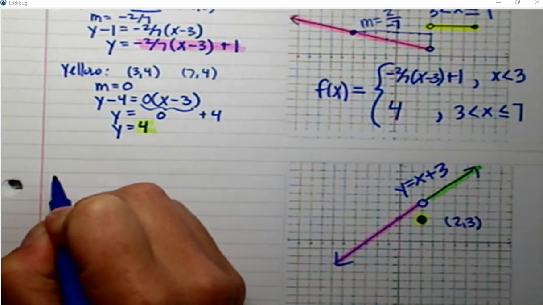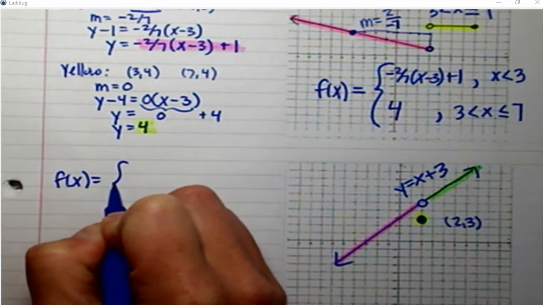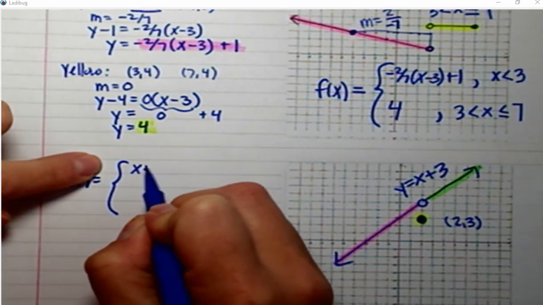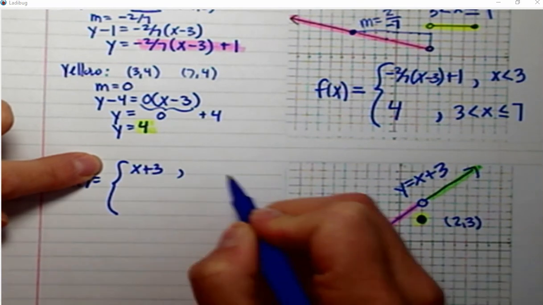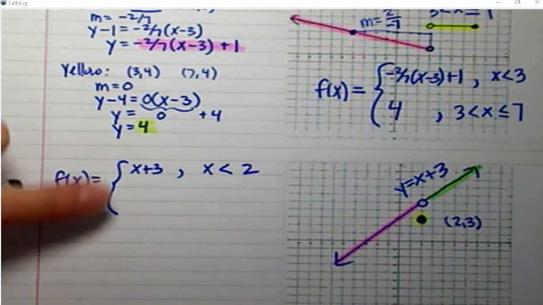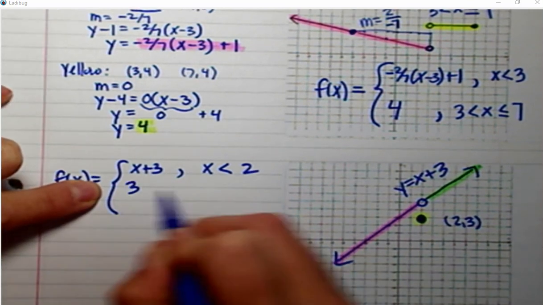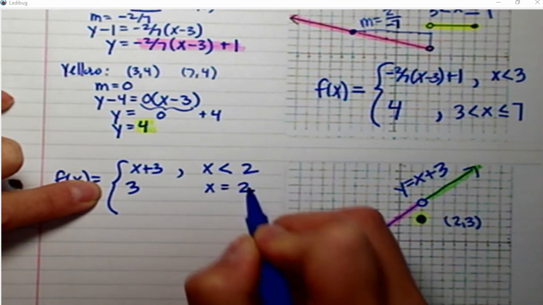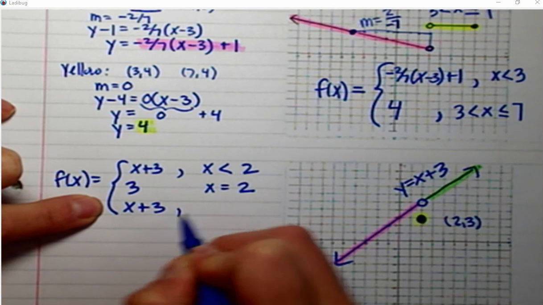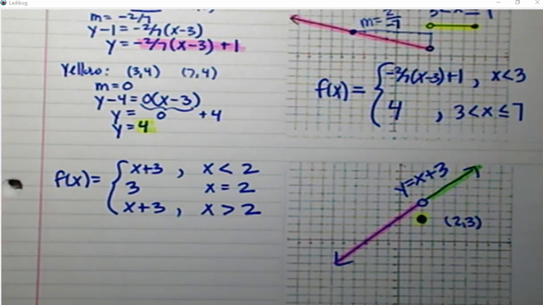So the first thing you could do to write this equation is it's kind of in 3 pieces. X plus 3 for x is less than 2. Then I get the yellow, 3, for x equals 2. And then the green is x plus 3 for x is to the right of 2. So you can do it in 3 parts.